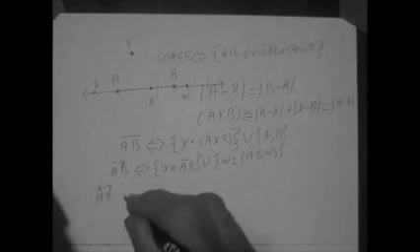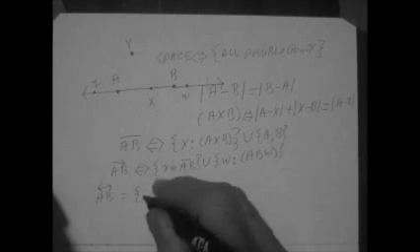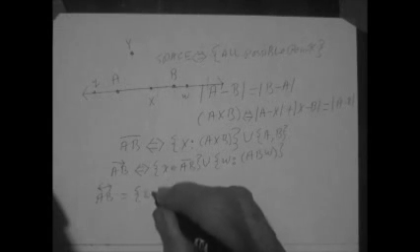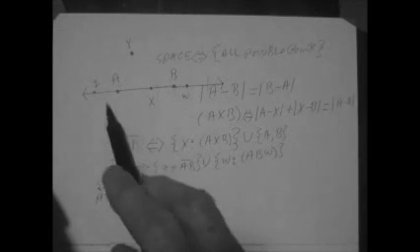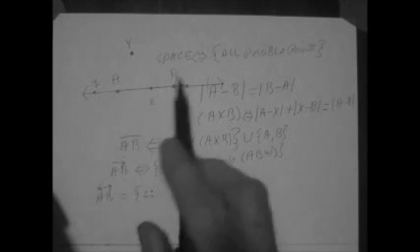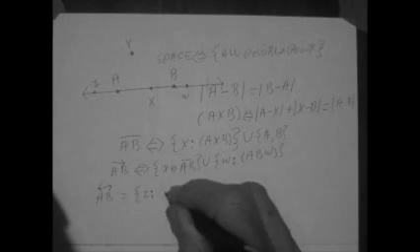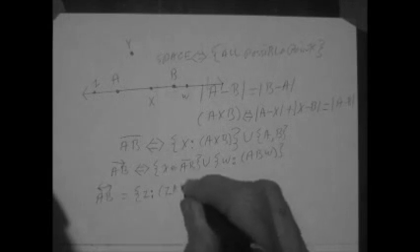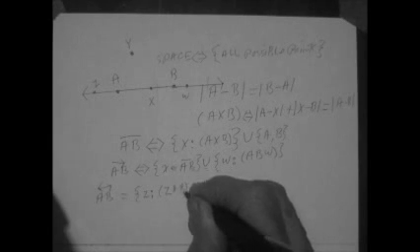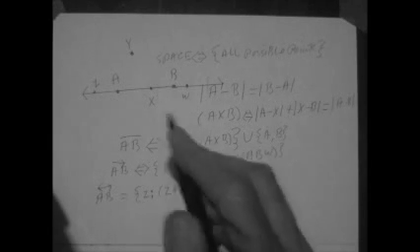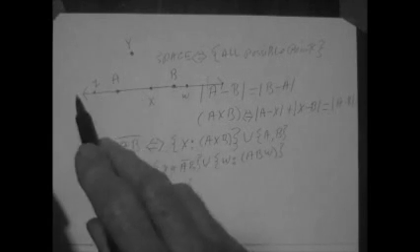Line AB is equal to the points Z such that Z has A in between it and B, such that A is between Z and B. That would be all these over here.